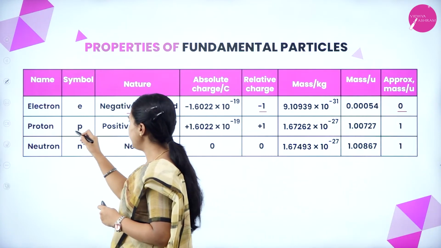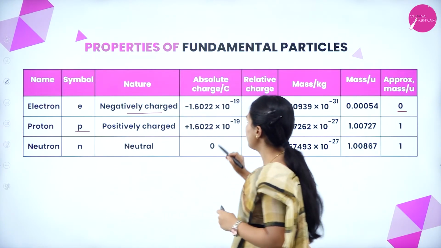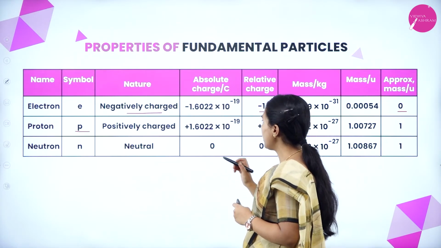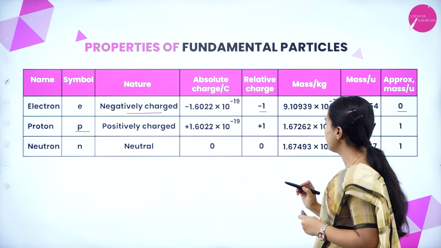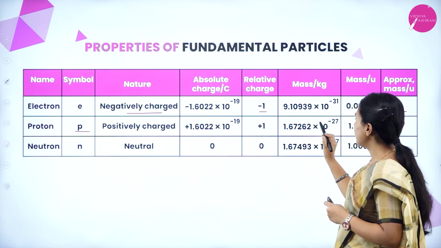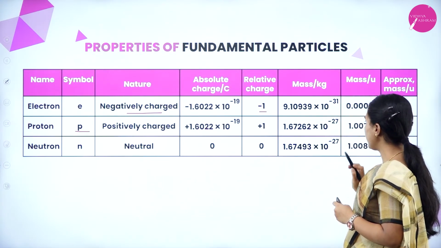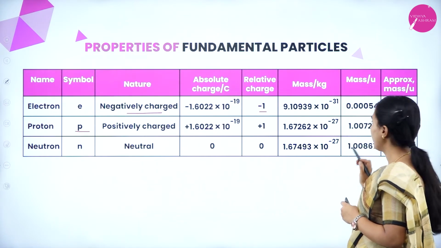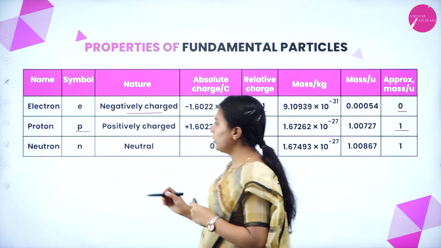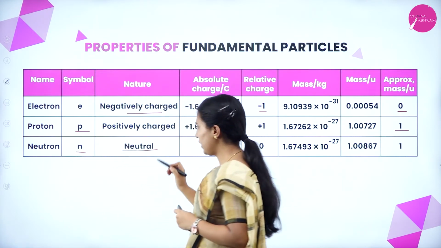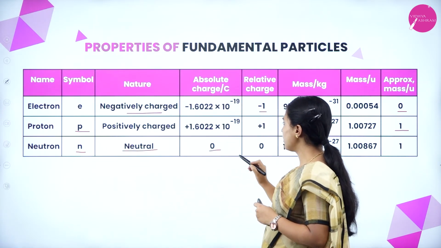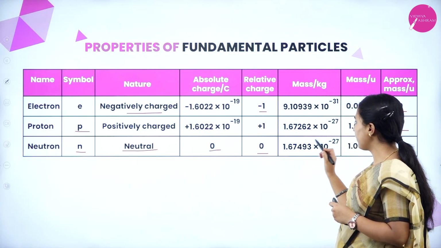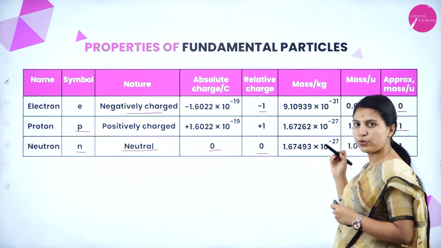Proton, p, is positively charged. See here, the electron and proton have the same charge magnitude but with opposite signs. Relative charge +1, mass 1.67262 × 10^-27, and 1.00721 in unified units. Neutron, small n, is completely neutral; absolute charge is 0, relative charge is also 0, and mass is 1.67493 × 10^-27.